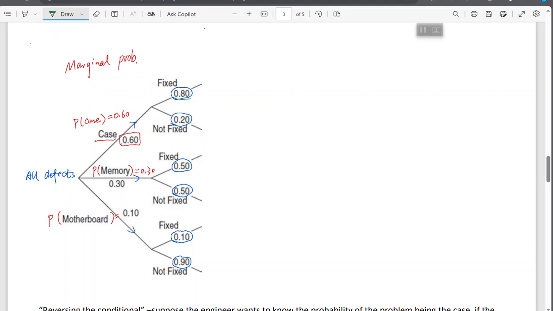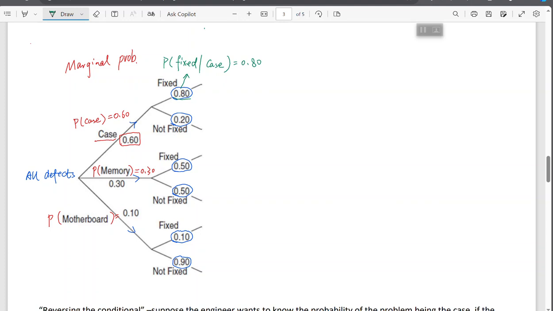So this 0.80 is the probability that given it is a case alignment problem, the probability of getting it fixed will be 0.80.